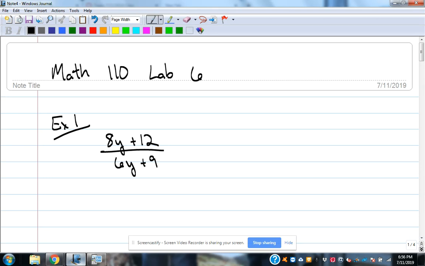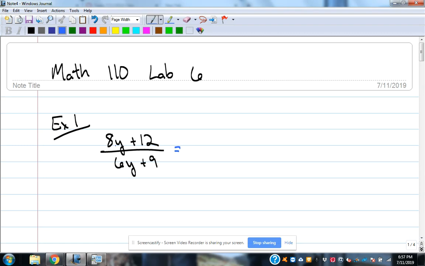When we're going to simplify a rational expression, one of the first things that you're going to want to do is try to factor the numerator and the denominator. So let's try to factor the numerator here, 8y plus 12. 8 and 12 both have common factors, 2 and 4.